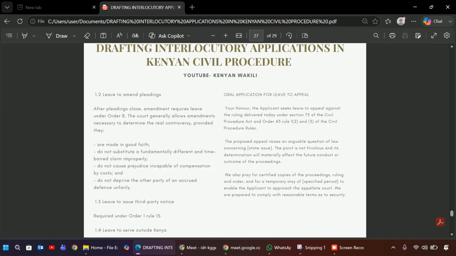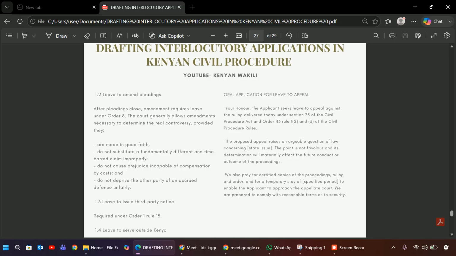So the opening statement for this kind of oral application for leave to appeal, immediately after judgment has been rendered, you will be telling court that Your Honor, the applicant seeks leave to appeal against the ruling delivered today under Section 75 of the Civil Procedure Act and Order 43 Rule 1, 2, and 3 of the Civil Procedure Rules, that the proposed appeal raises an arguable question of law concerning a certain issue.